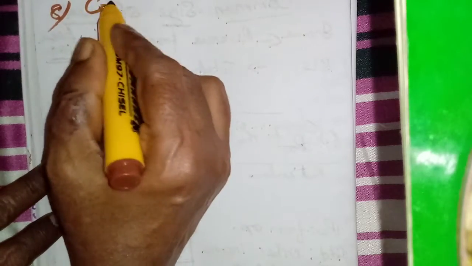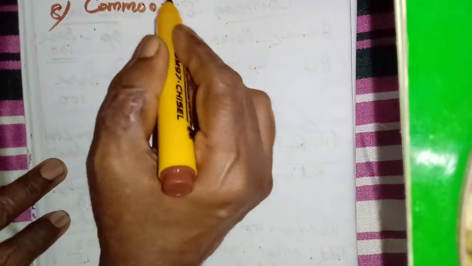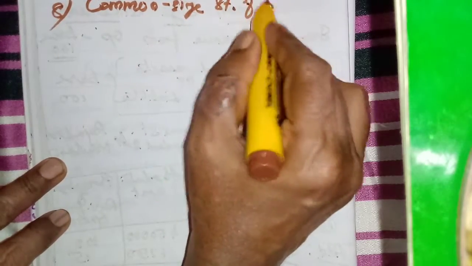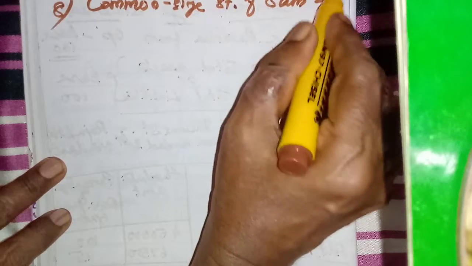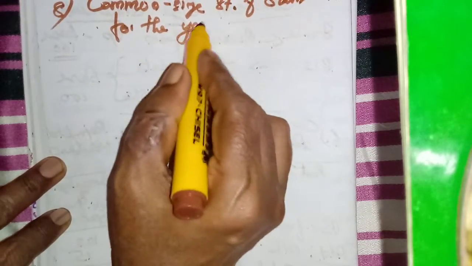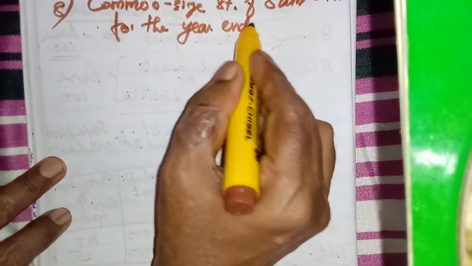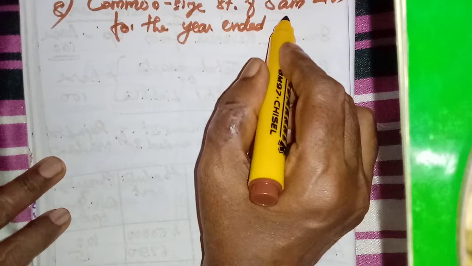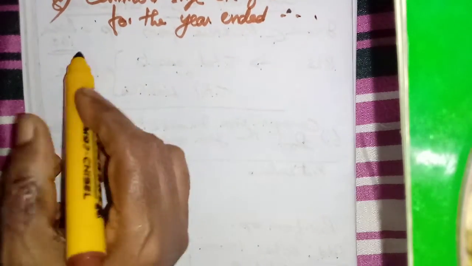So common size statement of SAM Limited for the year ended two years. Okay, no need. Leave it.